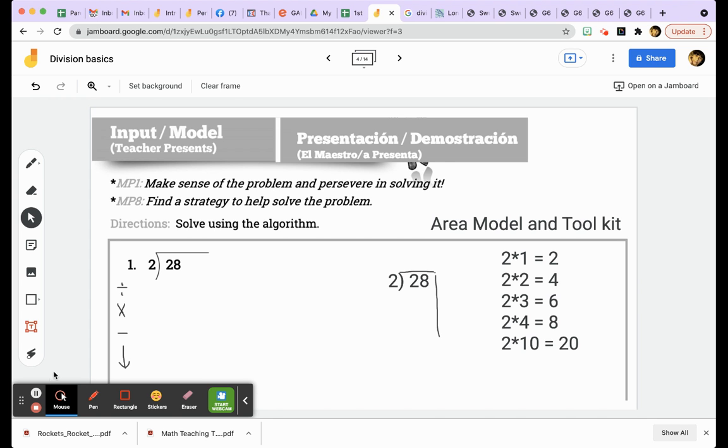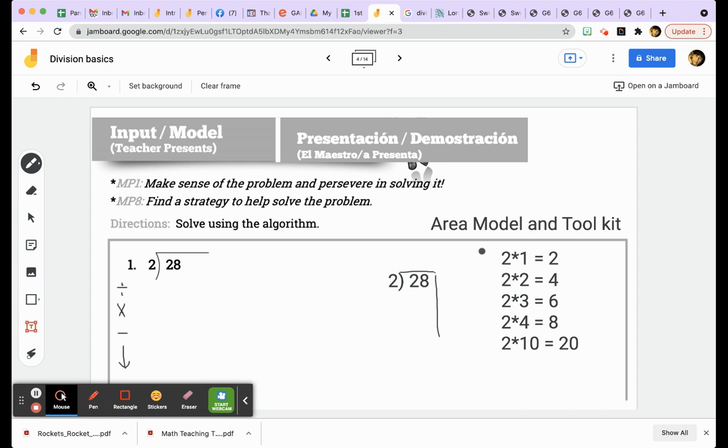Okay, so I'm going to use the area model first. And I have 2 times 1 equals 2. Again, I'm looking for equal groups of 2, so I'm writing the factors of 2. 2 times 2 is 4, 2 times 3 is 6, 2 times 4 is 8, and then the next number I want to include is 2 times 10 is 20.